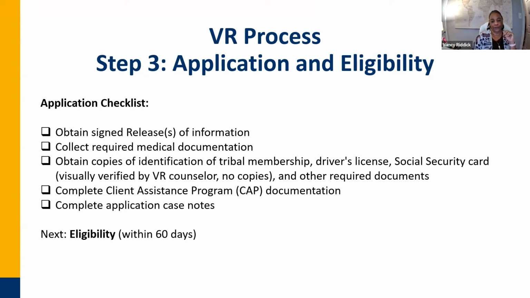Obtain copies of your identification: tribal membership, driver's license. Have these things listed: tribal membership, check, date; driver's license, check, date; social security, check, date; whatever you need, have a list. Complete the CAP documentation, complete and explain the client application program, okay?